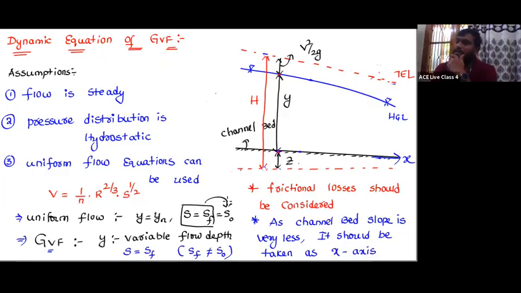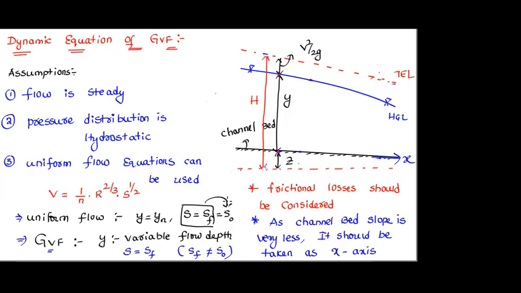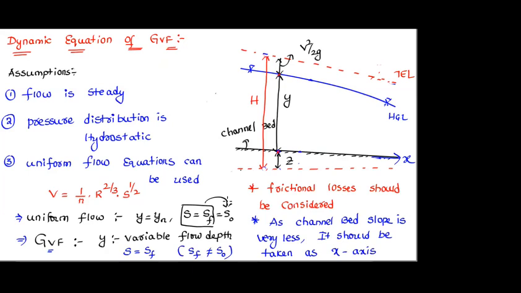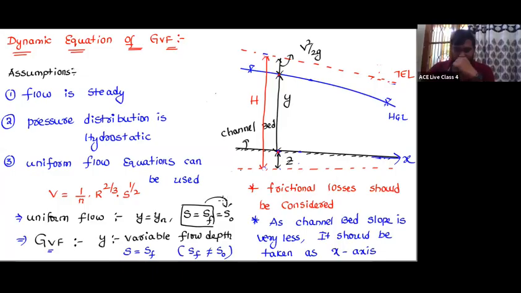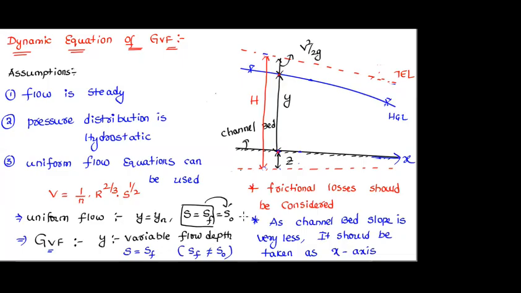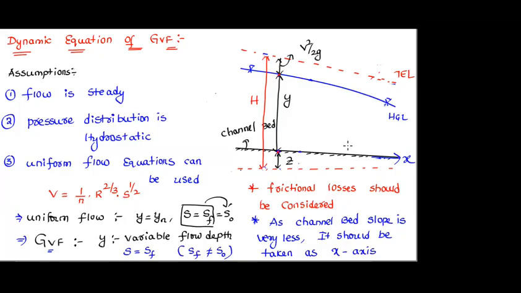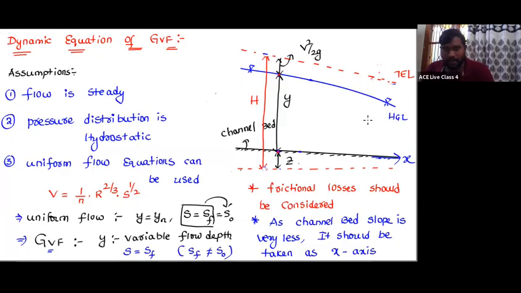In GVF, S is equal to SF. S means SF only, my dear. If I say slope, that is nothing but SF only. But in the case of uniform flow, as all the slopes are the same, I can take SF directly as S naught. But in non-uniform flow, is the total energy line exactly parallel to the channel bed, or is there a little deviation?